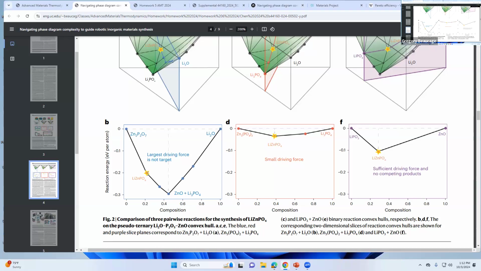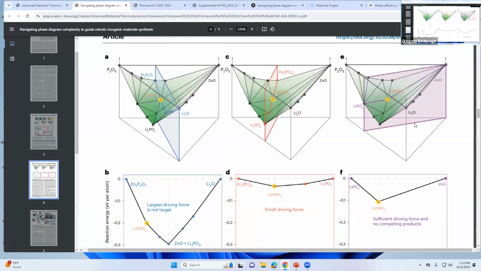So if you mix those two together, you would get this lower one. It would skip right over the target one. This is an impurity. The impurity has a larger driving force than the thing you're trying to make. And here the driving force is too small, so basically the reaction wouldn't happen. And this one's just right. It's like the Goldilocks thing. So the just right one is the purple.